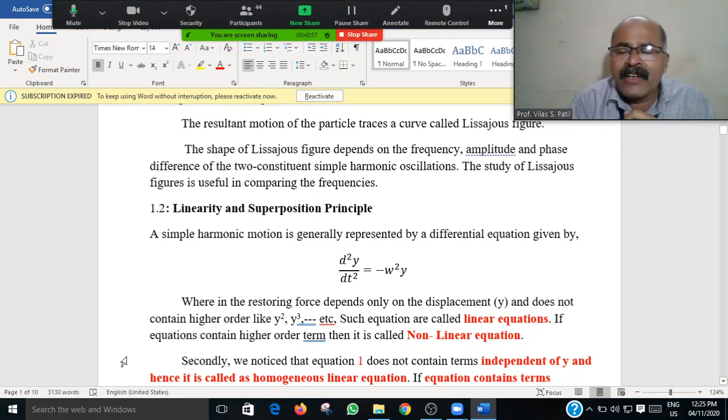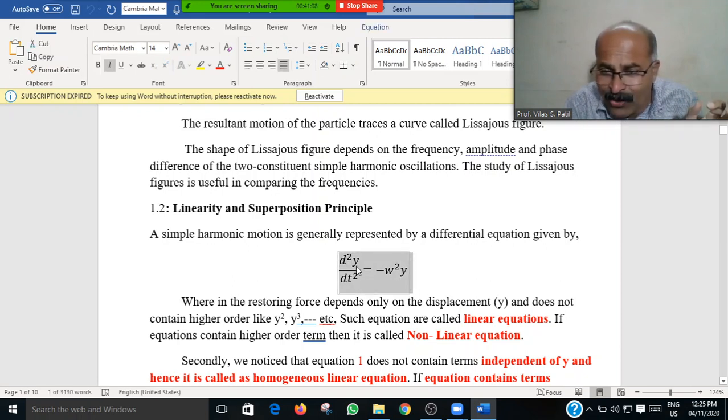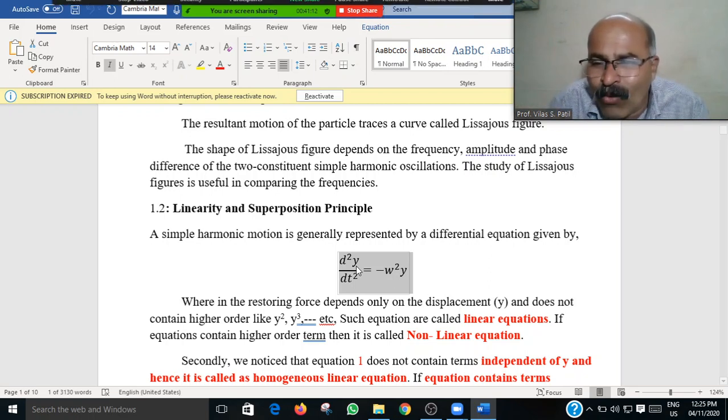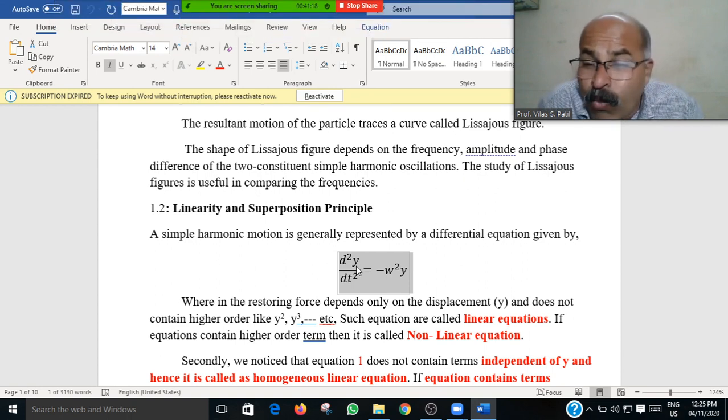And we know that this equation does not contain the higher power of y. Higher power of y आहे का मित्रांनो? No, it is only the single power of y, d2y by dt square is equal to minus omega square only y. y square आहे का? नाही. y cube आहे का? नाही. y raised to 4 आहे का? नाही. y raised to 5 आहे का? नाही.